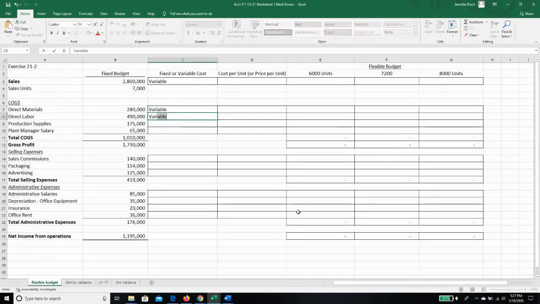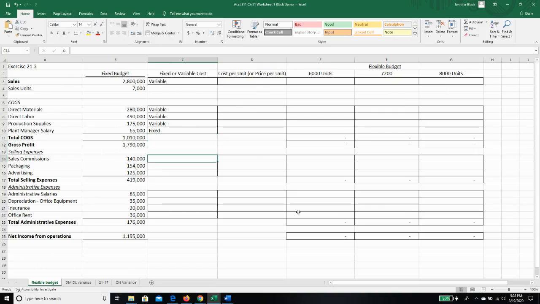Direct labor is variable. Production supplies are variable. We'll use more supplies if we sell more. But our plant manager salary is fixed because our plant manager is going to make that same $65,000 a year, whether we sell 7,000 units, 5 million units, or 0 units.